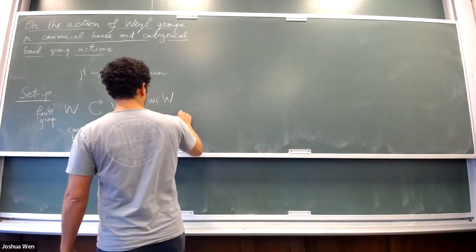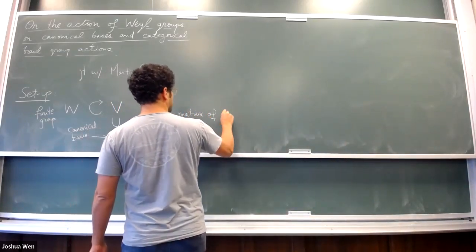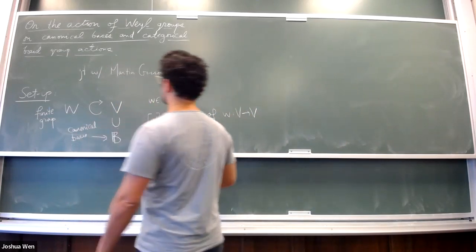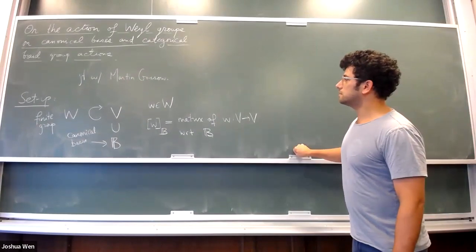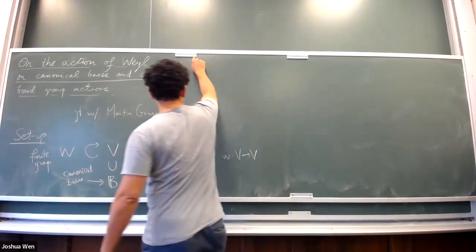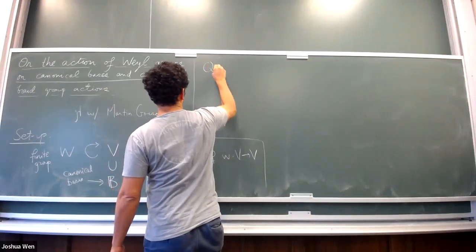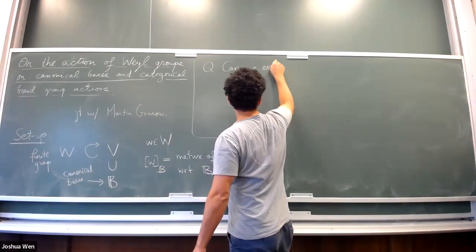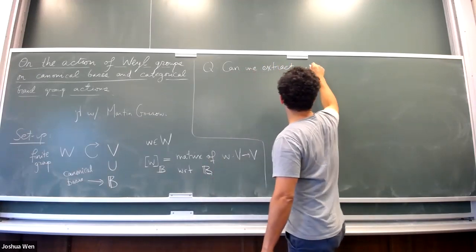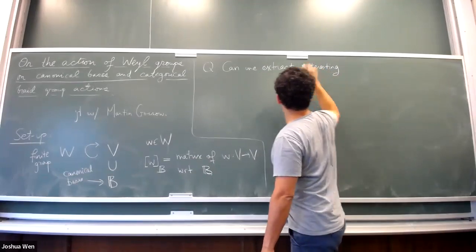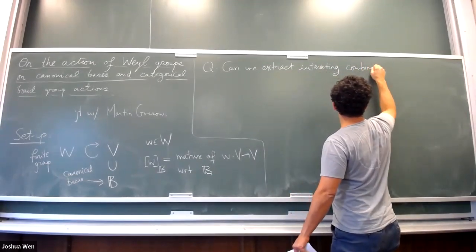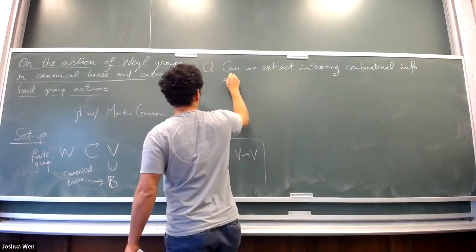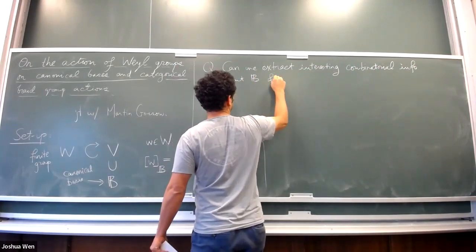So this is just the matrix of this operator W on V with respect to B. Okay, and the question that I'm interested in is the following: can we extract some interesting, let's say combinatorial, information about this canonical basis from this matrix?